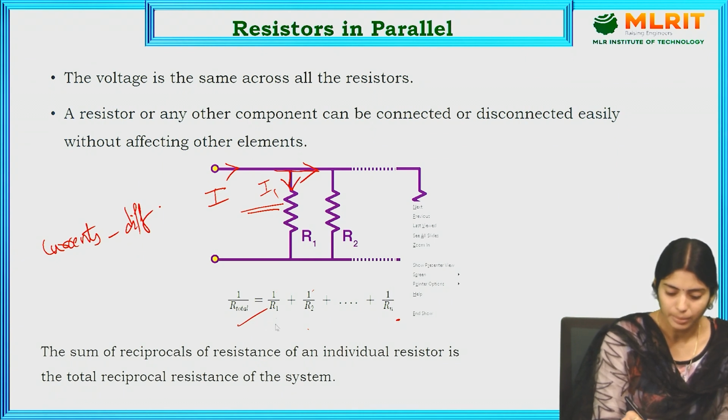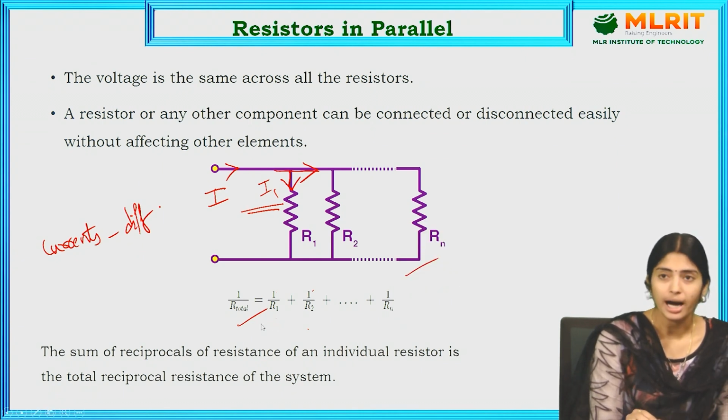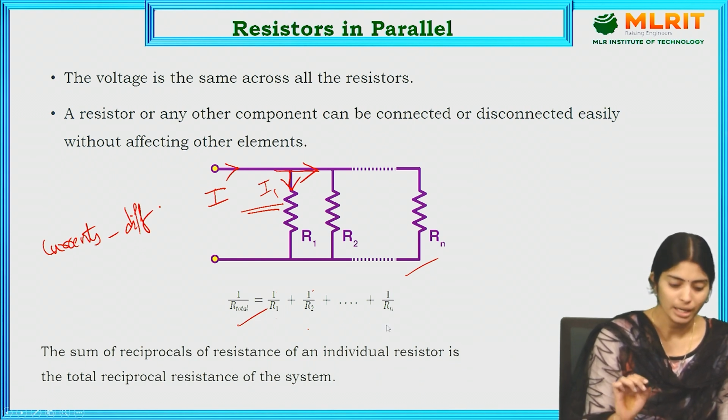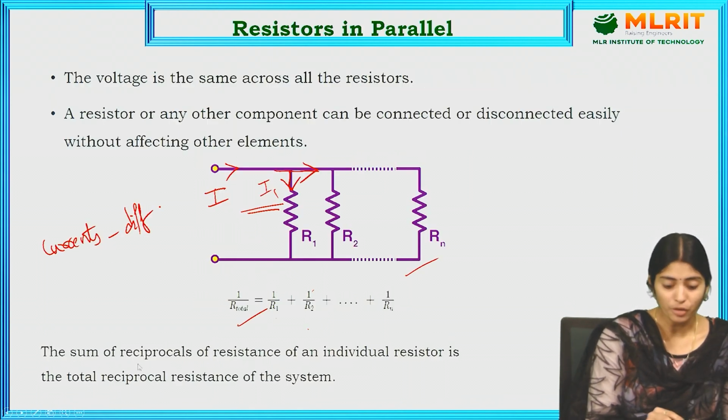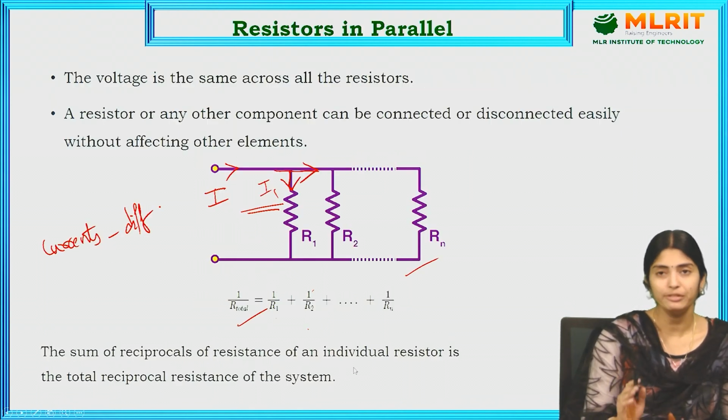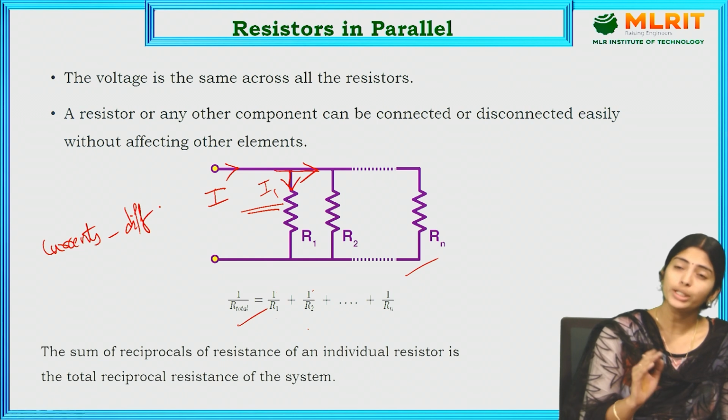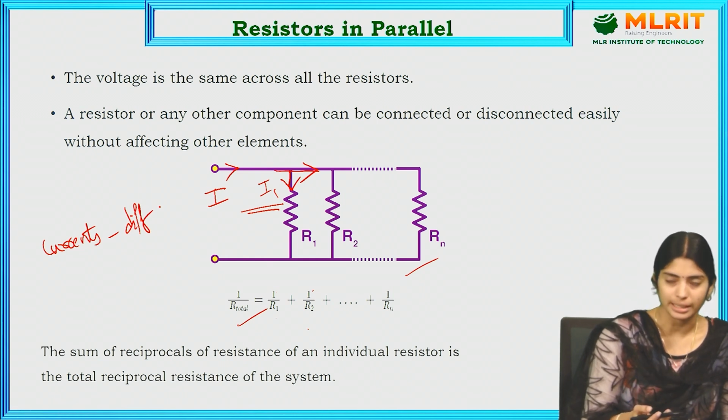That means the sum of reciprocals of the resistances of the individual resistors is the total reciprocal resistance of the system.